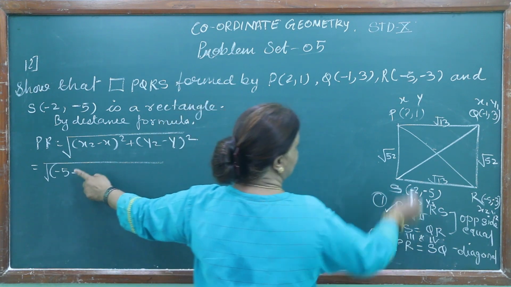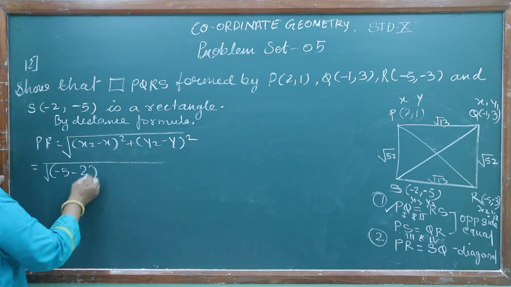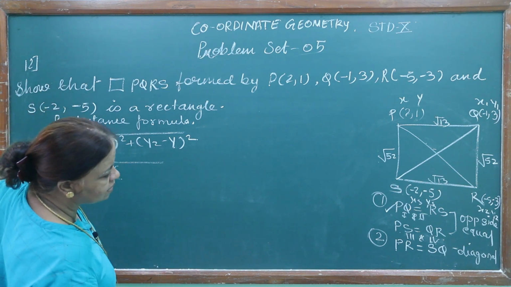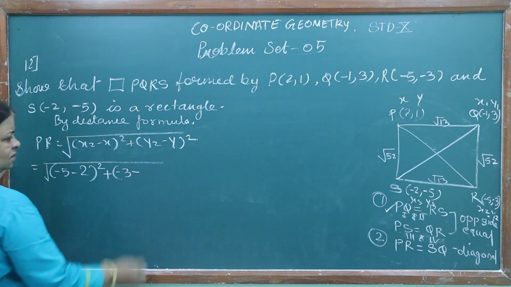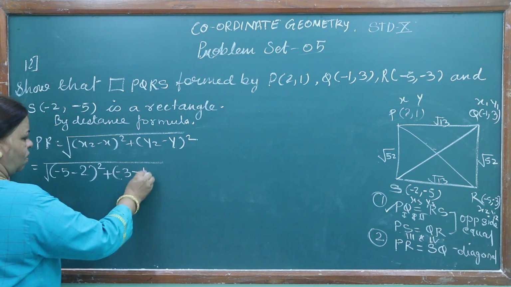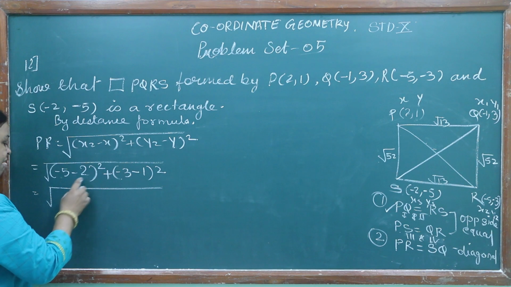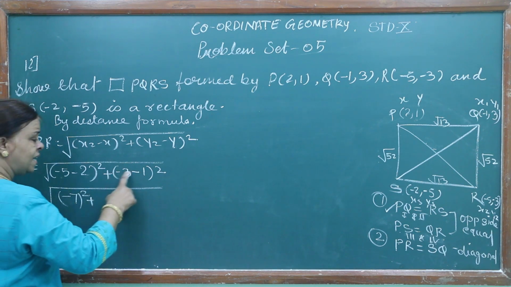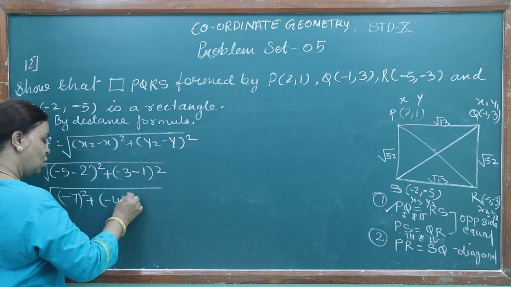Then minus. Then x. So x is what? 2. y2 is minus 3, minus the whole square. Minus both are minus, so they will be added, children. So minus 7 the whole square plus minus both are minus, so they will be added, minus 4 the whole square.